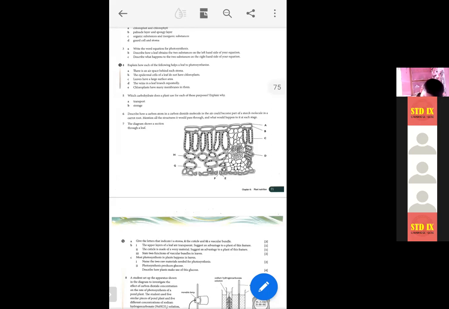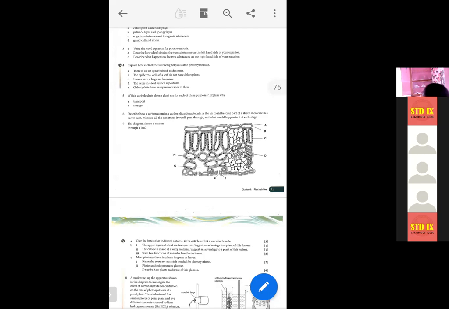So now see, this question is written for the future. Ma'am, question number 6. Describe how a carbon atom in a carbon dioxide molecule in the air could become a part of a starch molecule in the carrot root. So carrot root is just an example.